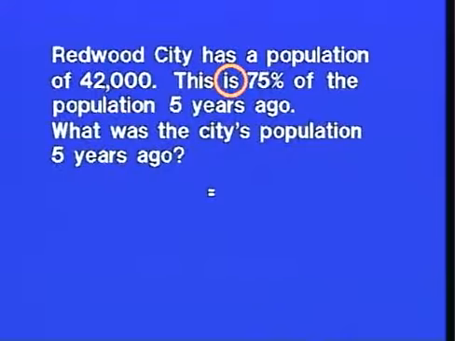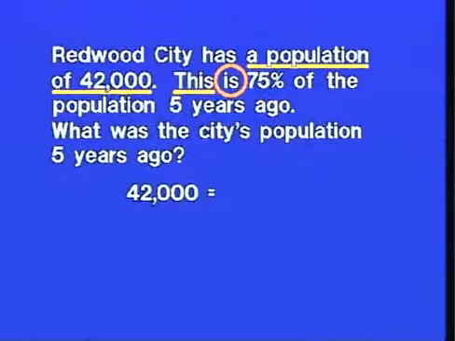All right, now what about what's on the left side of the equal sign, the this idea? What does this refer to? Well, it refers to information in the previous sentence. It refers to that population of 42,000. So the this in the second sentence really is 42,000. 42,000 is 75% of the population 5 years ago, you see.